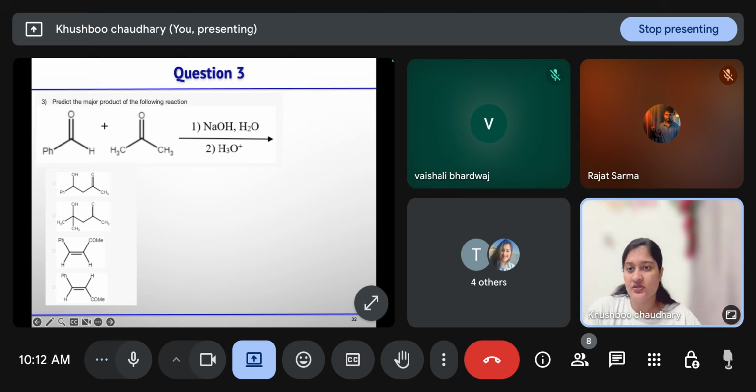Okay. So the next question is, predict the major product of the following reaction. You have benzaldehyde and you have this ketone and you are treating it with base and then hydrolysis.